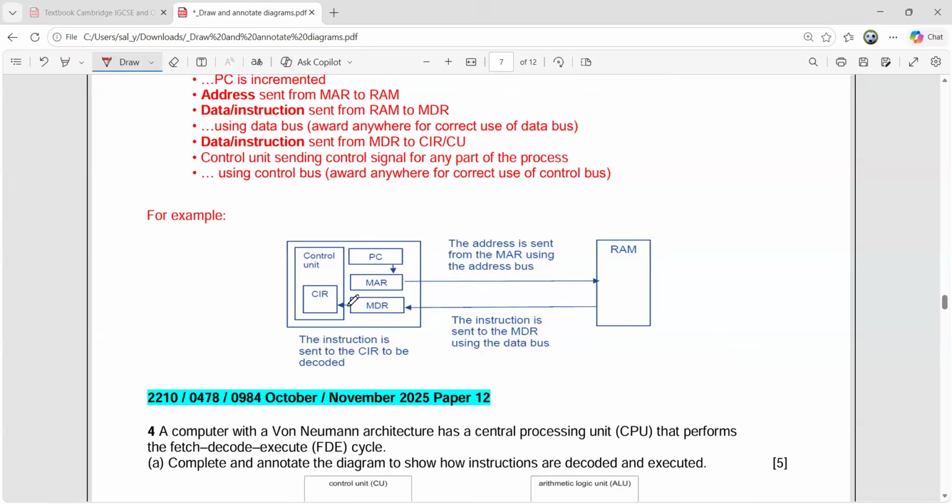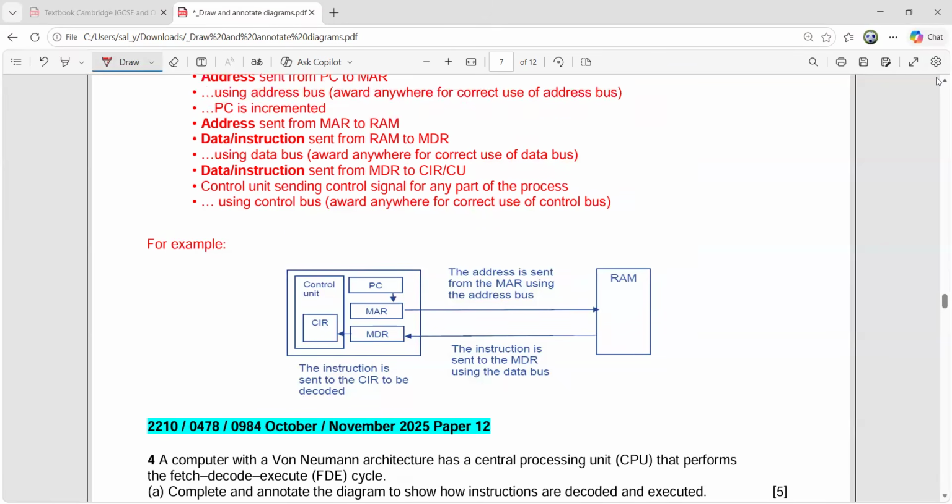And then from MDR, it goes to CIR, because the CIR is there to work on the instruction. Decoding starts in the CIR. That's why this is going to end your process, and this is what they want you to write: the instruction is sent to CIR to be decoded. So this is your entire fetch stage of the FDE cycle.